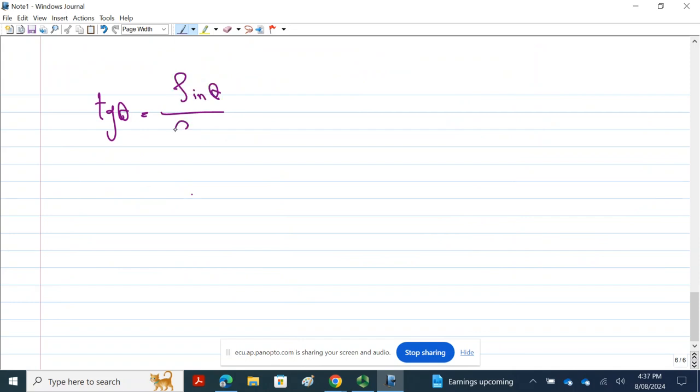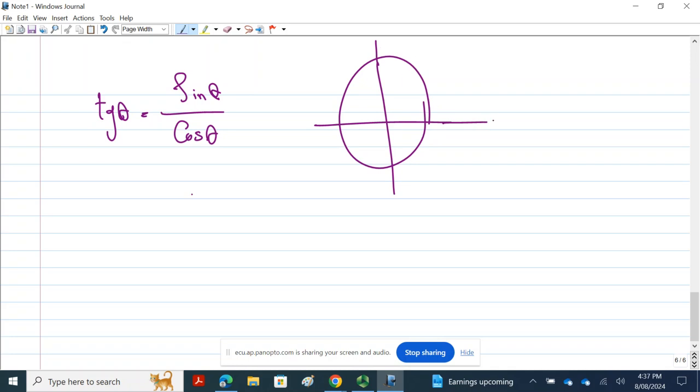Sine over cosine. Correct? Now, if I consider this value here and this value here, remember sine is always on the y-axis. This is 1 and that's 1, correct? So if I'm up there, my sine will be 1. If I'm down, it will be minus 1.